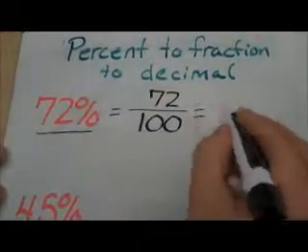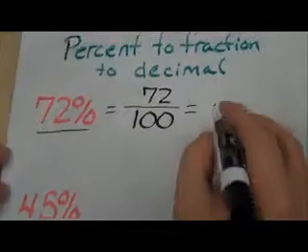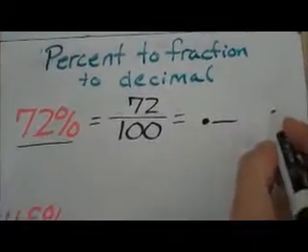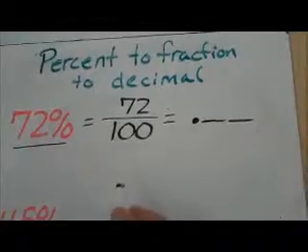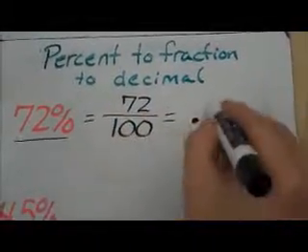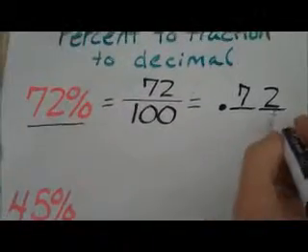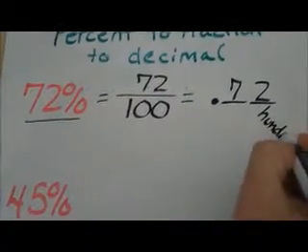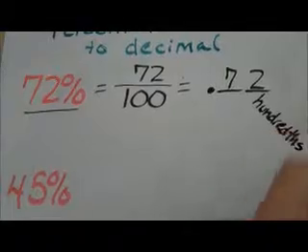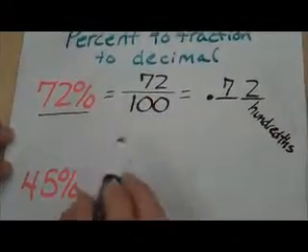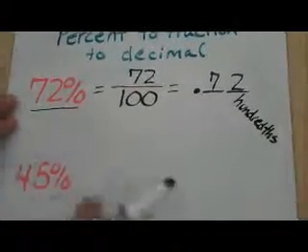Make sure that is on it, 72 hundredths. And remembering my decimal, I've got my tenths and my hundredths, and I've got 72 of them, so it's real easy as 72 hundredths. So 72% is the same as 72 over 100 and 72 hundredths.